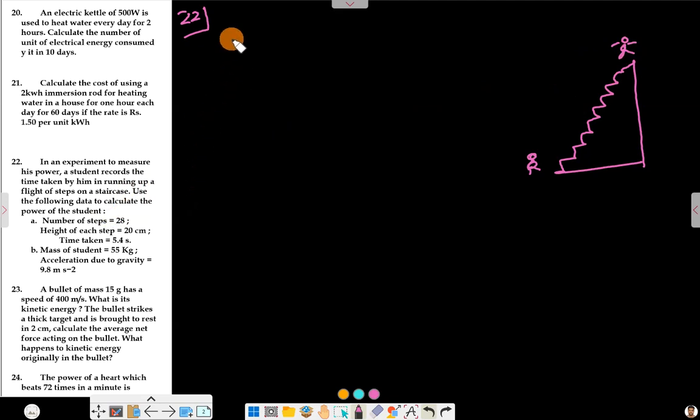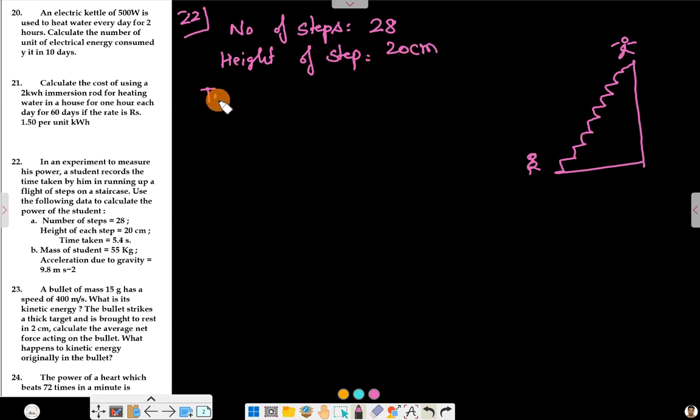So the number of steps is 28. Height of each step is 20 centimeter. So total height is equal to height of step multiplied by number of steps.